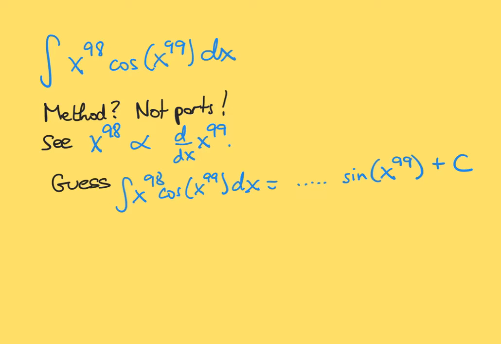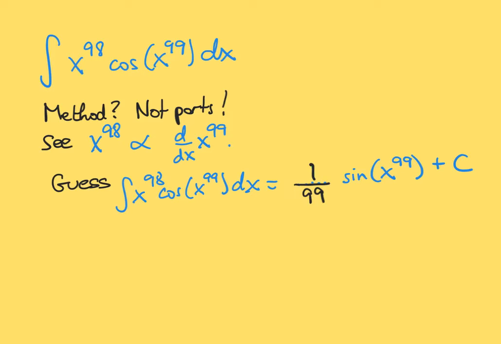So I can easily fix that by writing here 1 over 99. And now, if I differentiate this, I'm going to get the cosine of x to the 99 multiplied by the derivative of this.